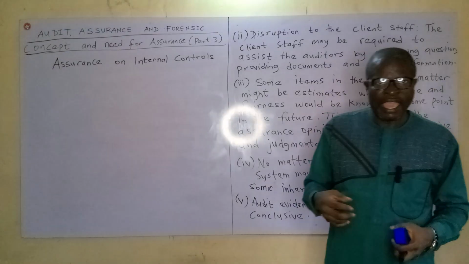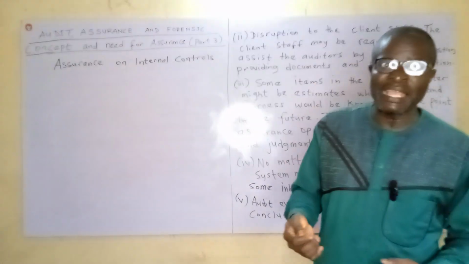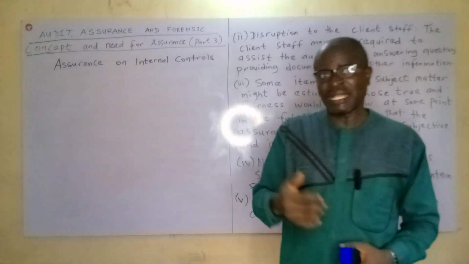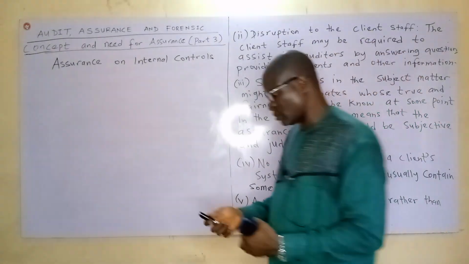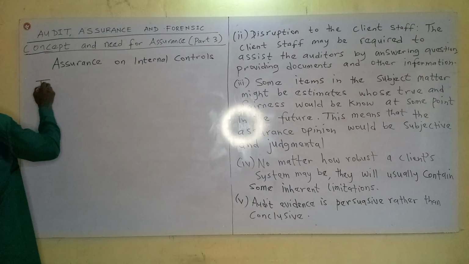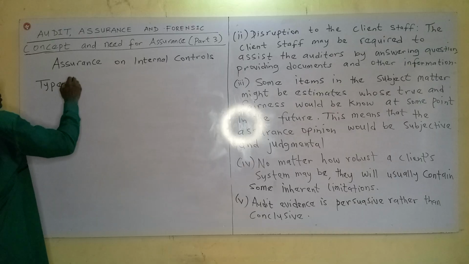An example of the support they provide is by writing and submitting what is known as type 1 and type 2 reports. So we start with the type 1 report.